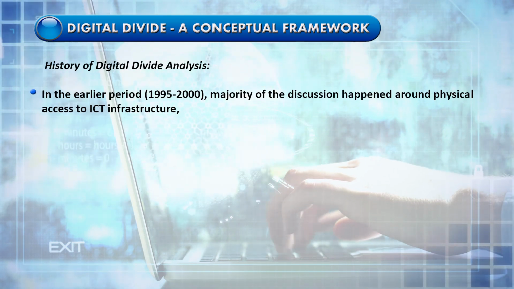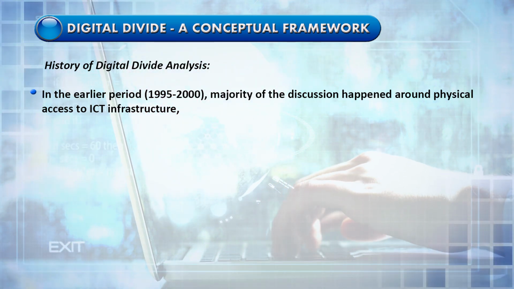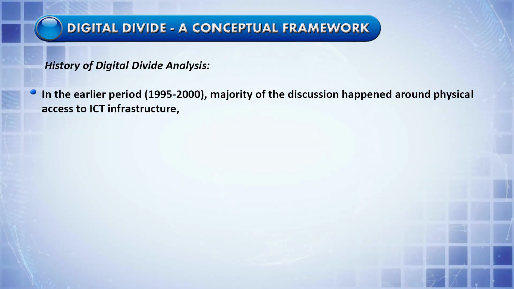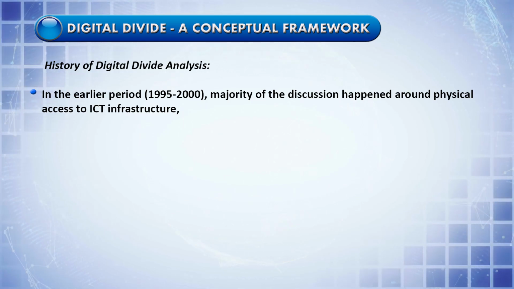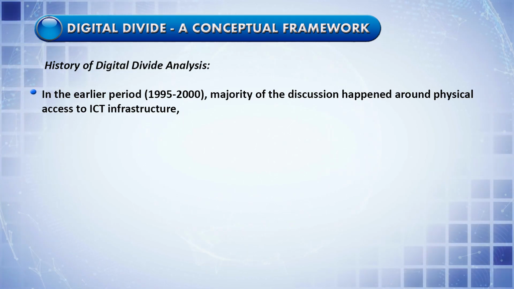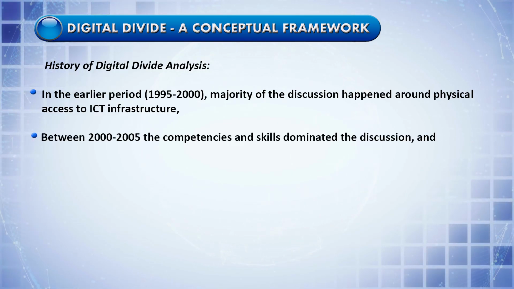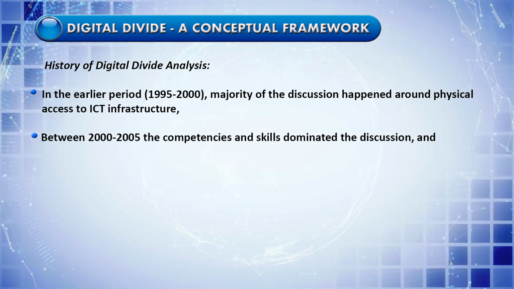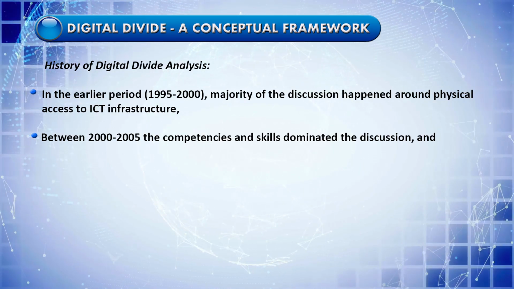If you look at the history of digital divide analysis over the last 25 years, from 1995 to 2000, the majority of the discussion happened around physical access to ICT infrastructure. Access was the crude definition of the digital divide: having access, not having access. Between 2000 and 2005, the discussion shifted its focus, and competency and skills dominated.